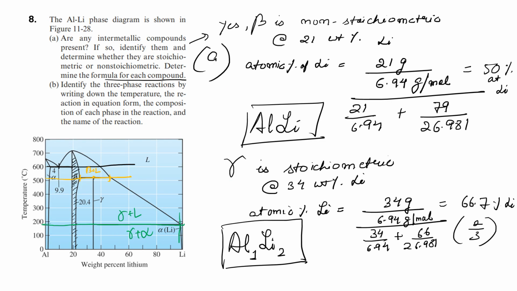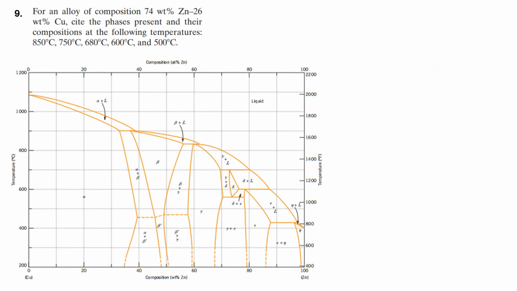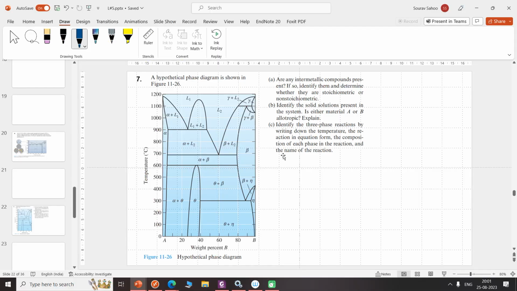So this is done. The next question is pretty similar to this. So we have about 74 weight percentage of zinc and 26 weight percentage of copper, and we cite the phases present at the following temperatures. It's pretty easy to see. So 74 weight percent, we'll be lying somewhere in this region.